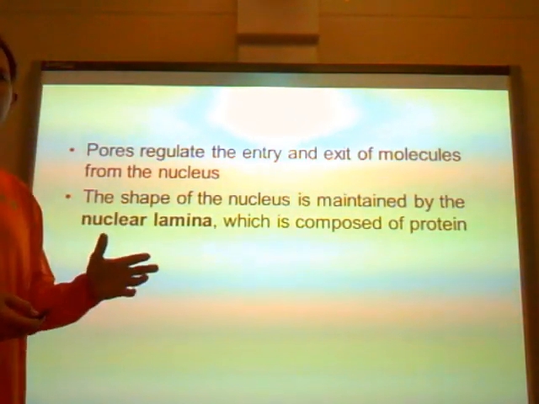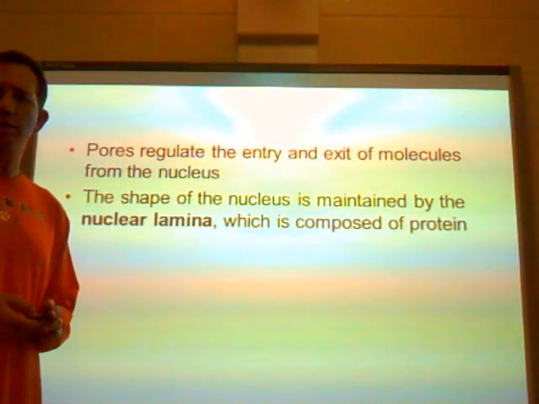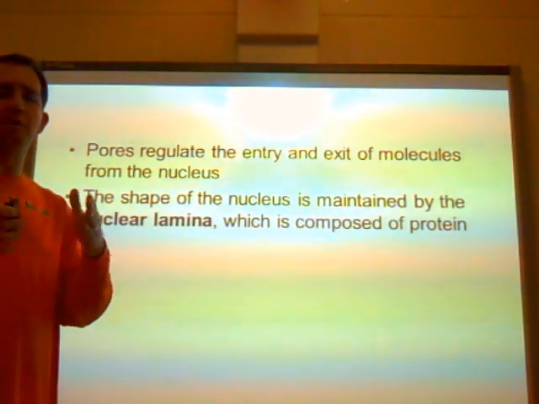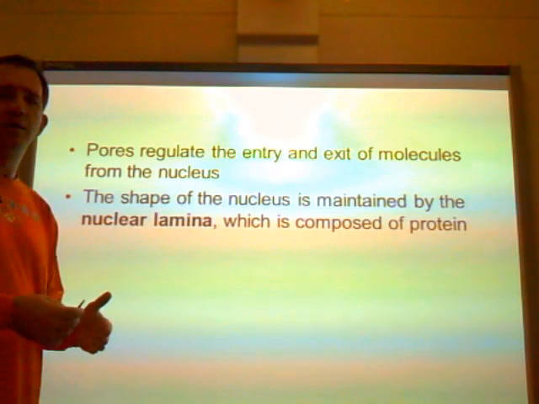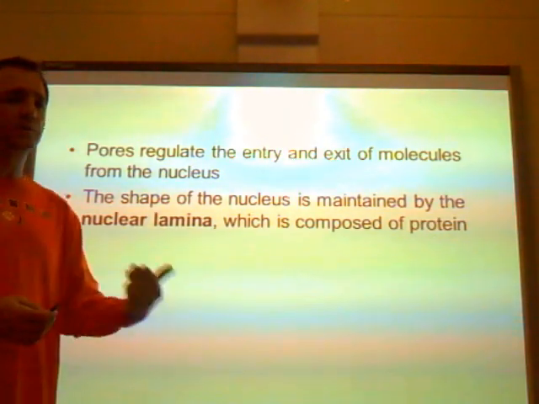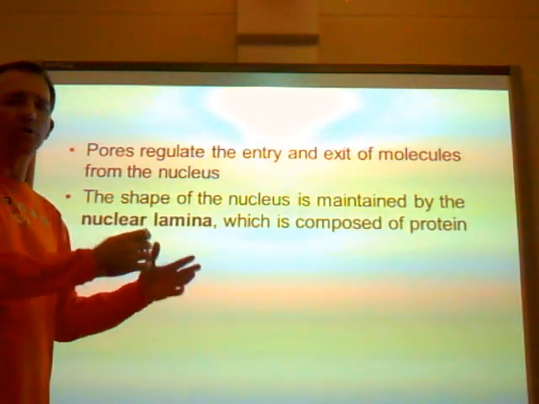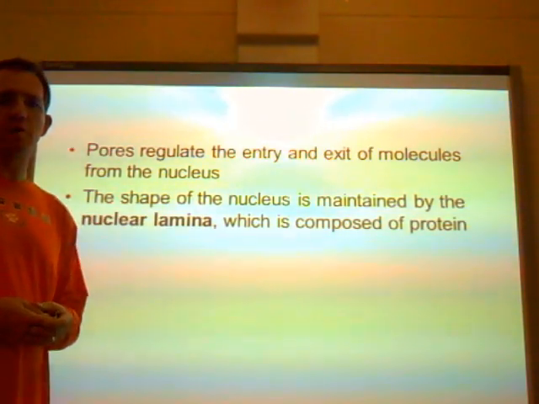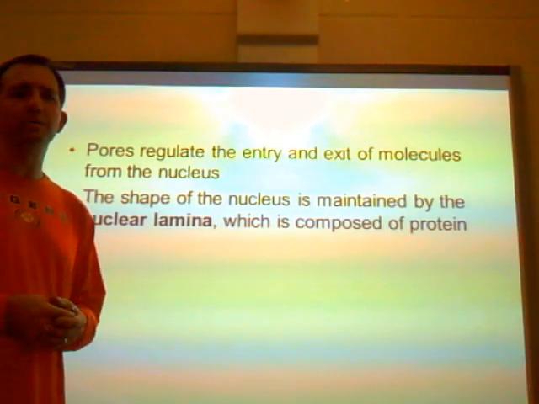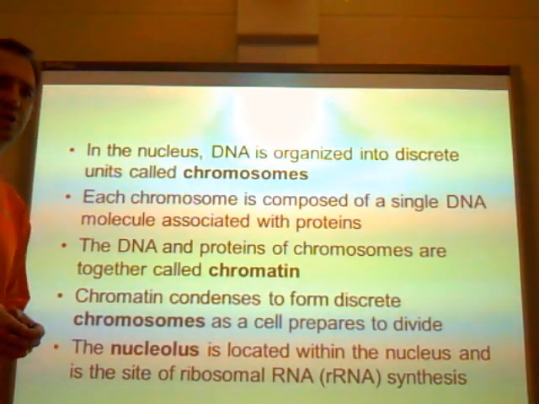Pores are going to regulate the entry and exit of molecules, just as there will be channels that will determine what moves in and outside of the cell. So if you can understand the cell membrane, the nuclear membrane is not going to be a difficult concept for us to understand.